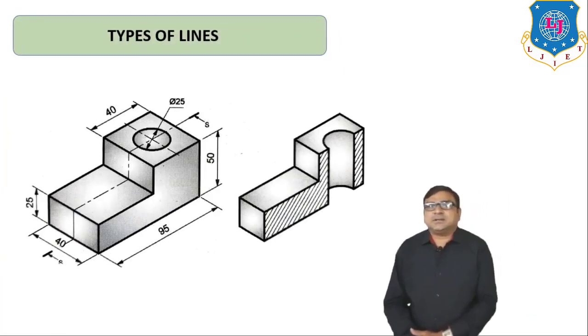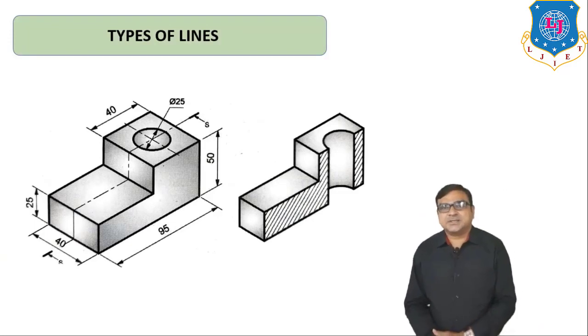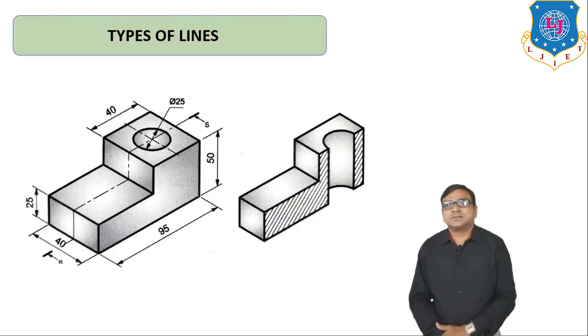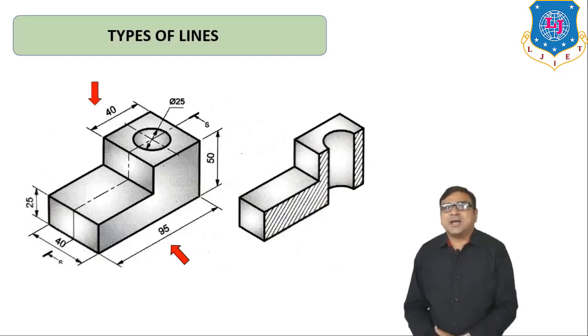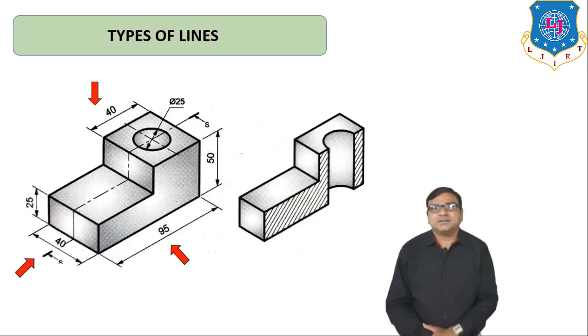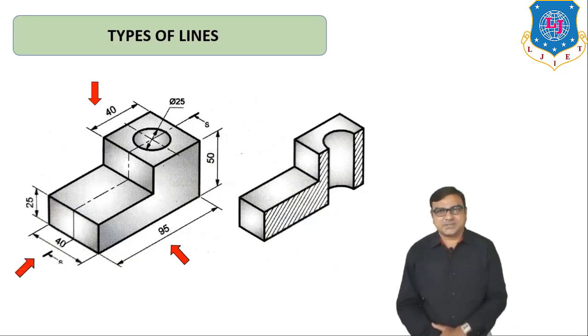Now here there is one 3D object and its sectional part. In this object, the length of the object is 95 mm, and from this arrow when you observe the object, you will get the front view of the object. This arrow direction represents the top view and this is the left hand side view.